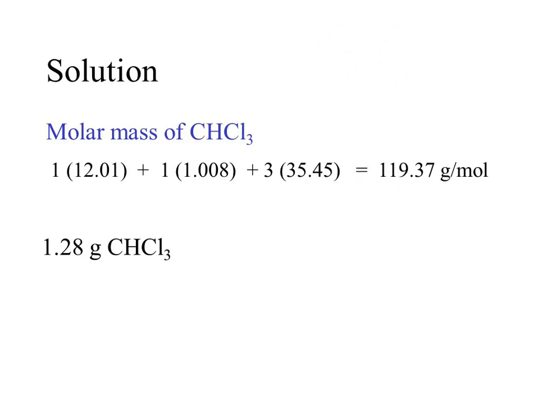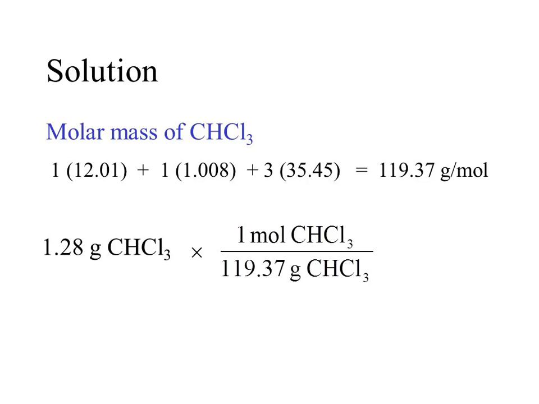Just if this is feeling similar, like deja vu, we kind of did this sort of approach before. Okay, I usually put it over 1, so 1.28 grams. Okay. So this is where, if we want grams to cancel, do you see we're going to have to flip? I call it flip the molar mass. If you want grams to cancel, then you better use your molar mass like this.